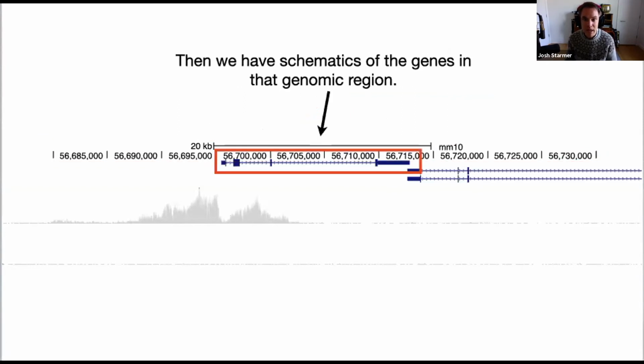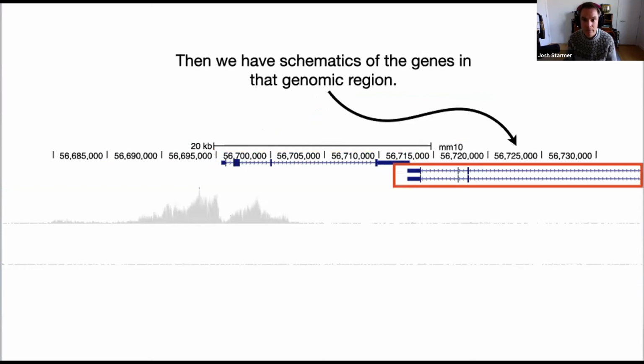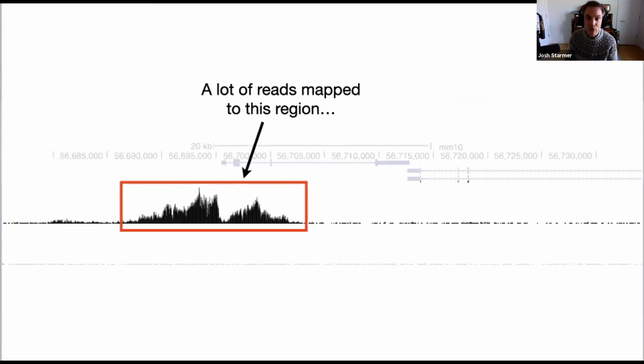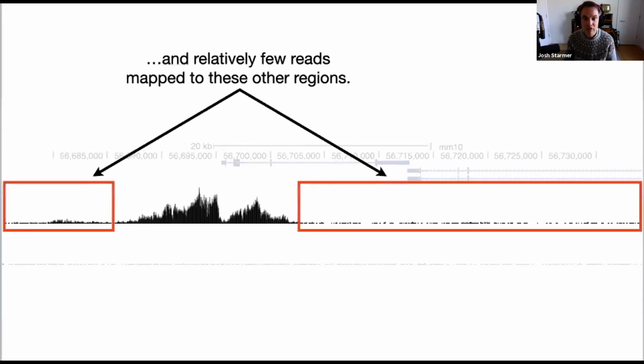Then we have schematics of the genes in that genomic region. Below, we have a track that we created from the 50 to 100 million ChIP-seq reads. A lot of reads mapped to this region, and relatively few reads mapped to these other regions.